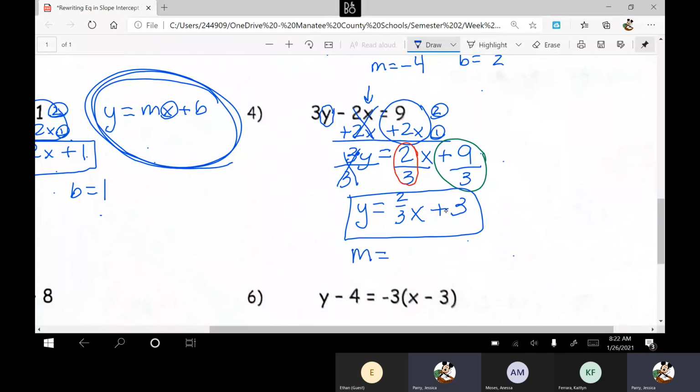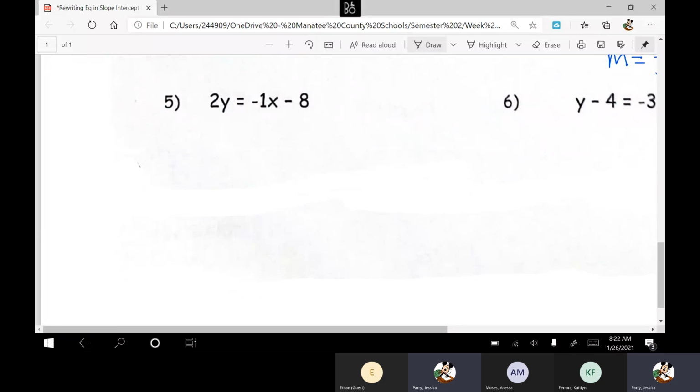We can write out m equals, b equals, where m is the number in front of x, and for this one, it's the fraction 2 over 3. And b is the y-intercept, and for this one, it's a positive 3. Okay, let's keep on going. That was number 4. Going on to number 5.